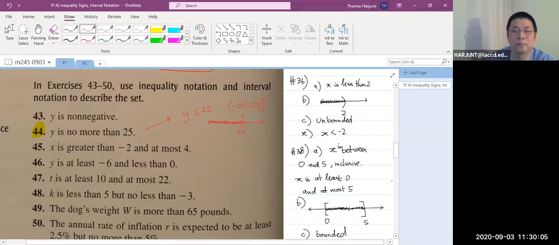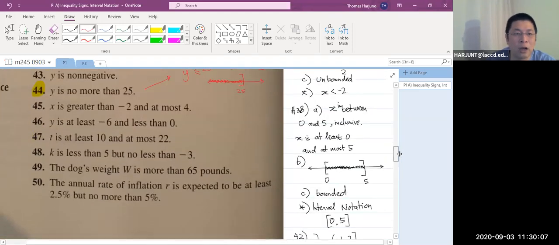How about number 48? Number 48. K is less than 5, but no less than -3. No less than means greater than or equal to -3.